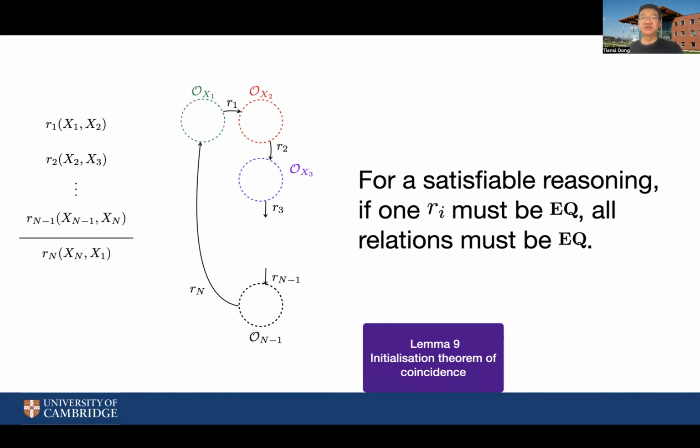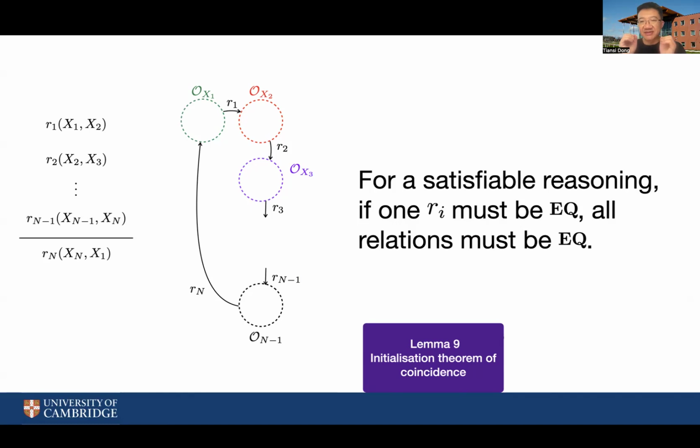Next, what we need to prove is that we initialize all the spheres as equal. If this is a model, we find it. If not, in the process of constructing spheres, we will exclude the equal relation. This means we need to prove this process will not lose any possible models.